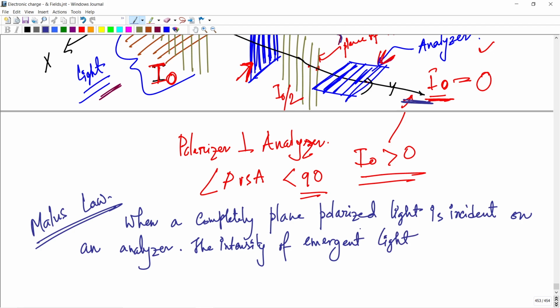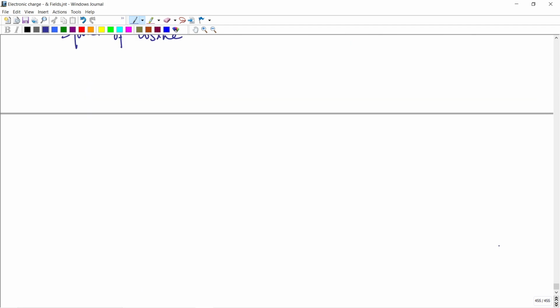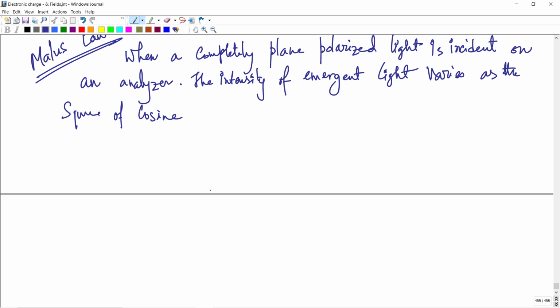varies as the square of the cosine of the angle between the polarizer and analyzer.